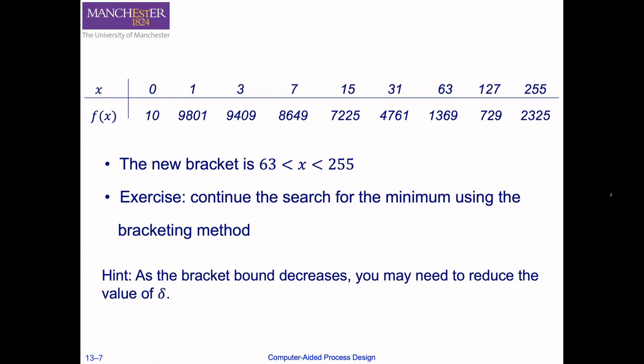The values of other trial points x and the function values are presented in this table. From this table, we can see when x is from 0 to 127, the function value keeps decreasing. We can also see when x is equal to 255, the function value is 2,325.